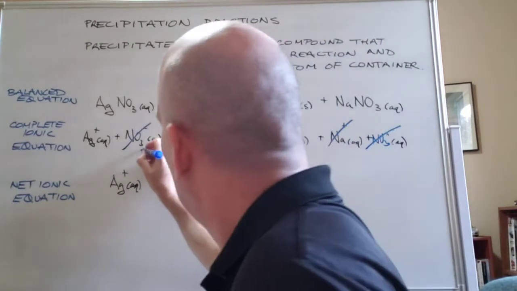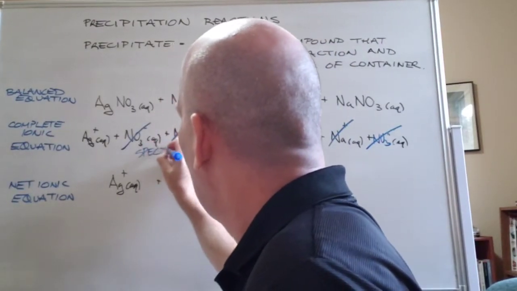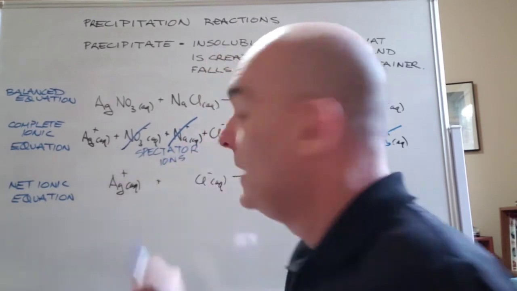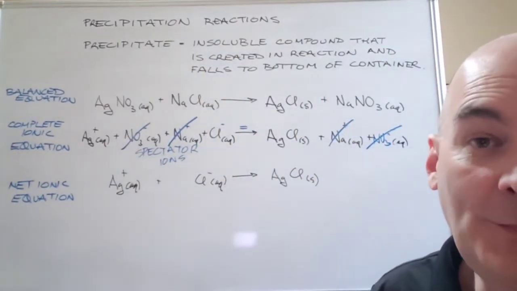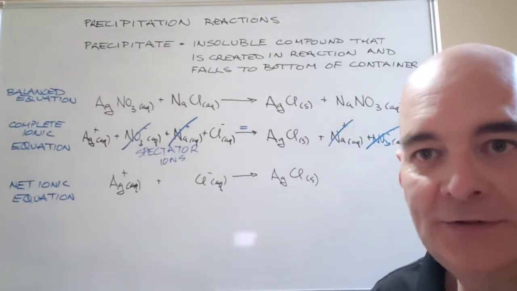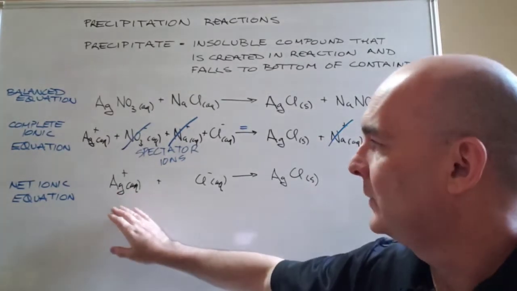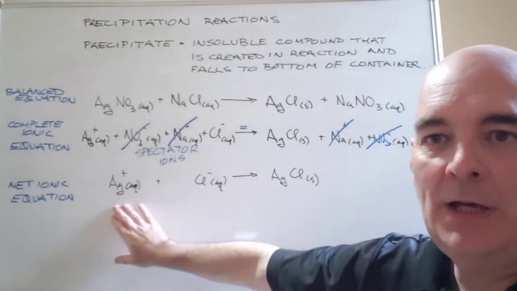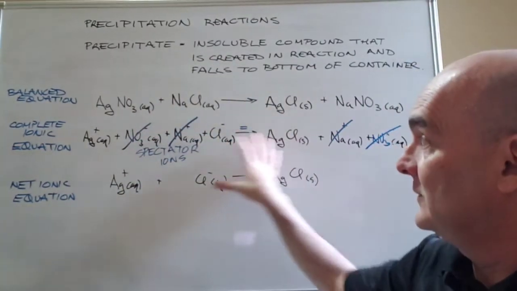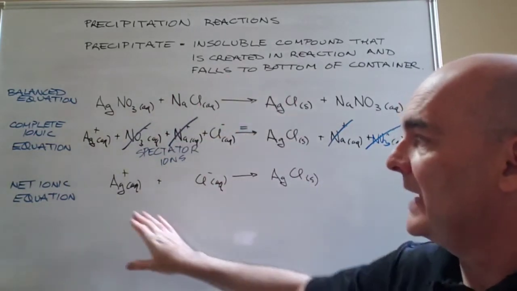These are what we would call spectator ions. They float around in solution, not particularly attached to anything, and they don't participate. And what that reveals to us is the net ionic equation, that all of this that's written on the page comes down to.